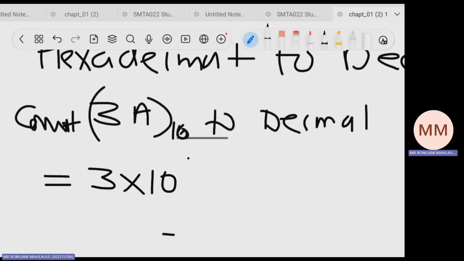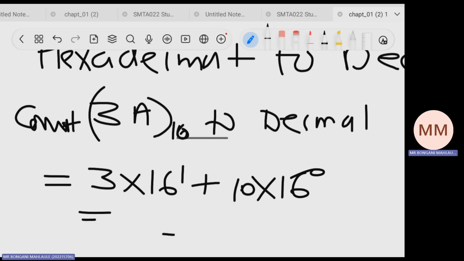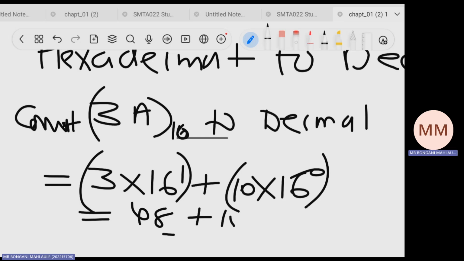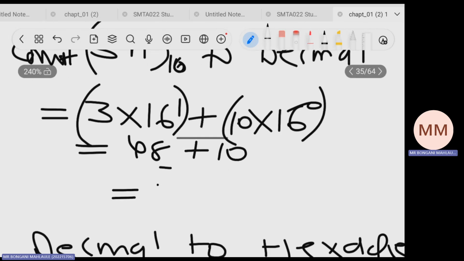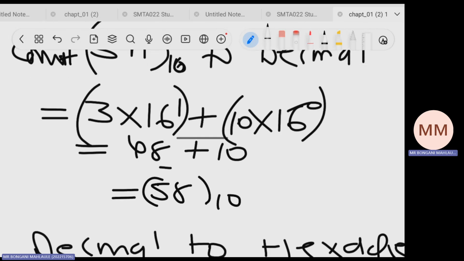This will just be 3 times 16 to exponent 1 plus 10, because A is 10, times 16 to exponent 0. We get 3 times 16 is 48 plus 10, which is 58 base 10.